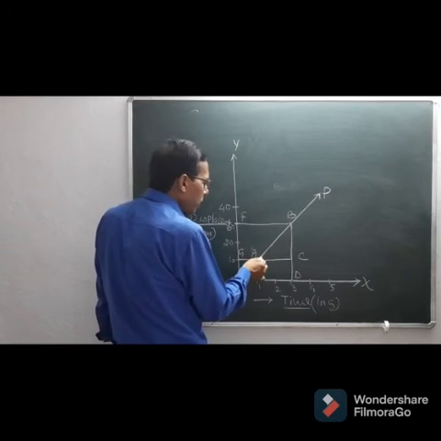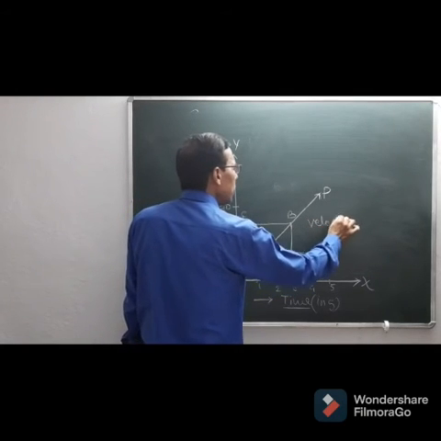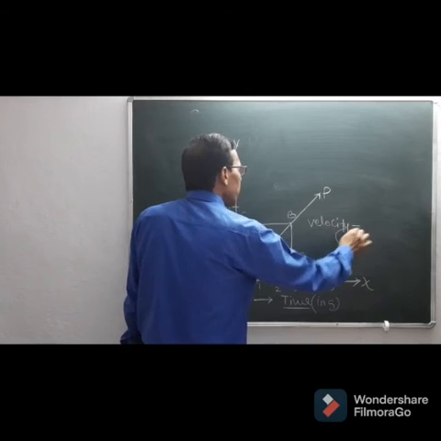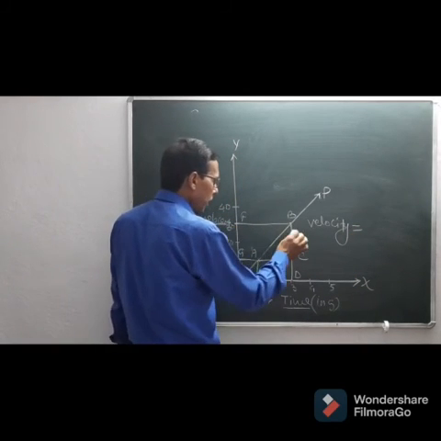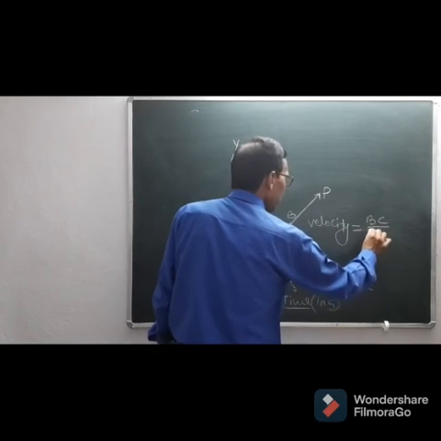The slope of this straight line, that is, we have to find the velocity. So we know the velocity is the ratio of displacement and time, in this triangle BC divided by AC.